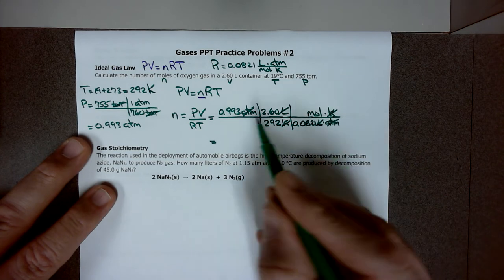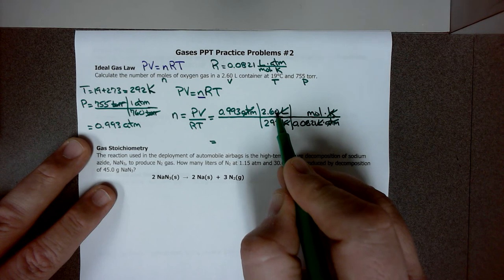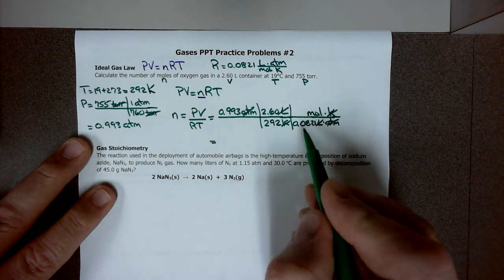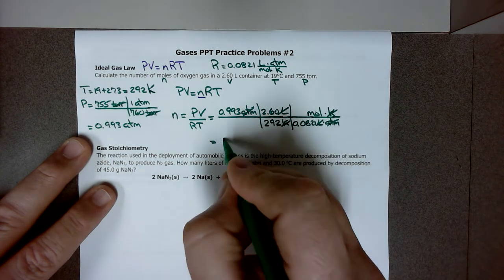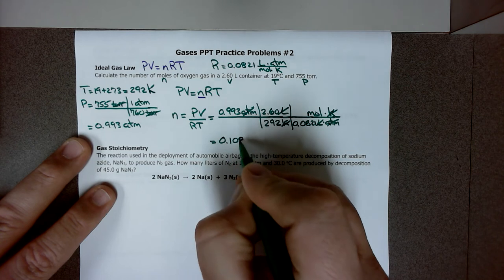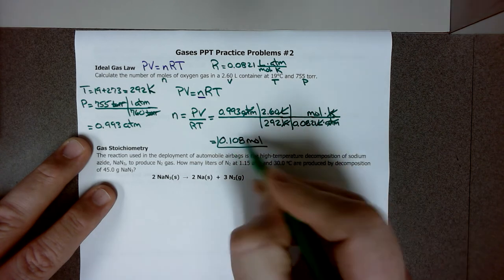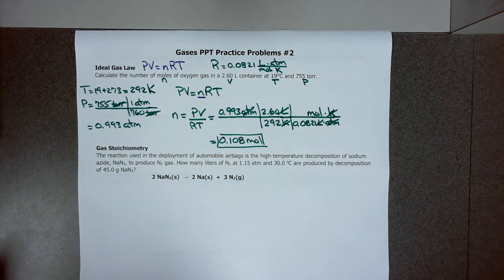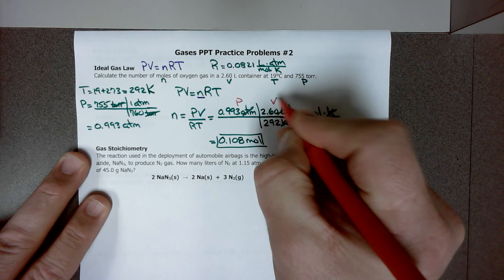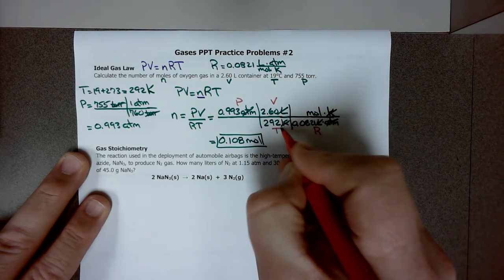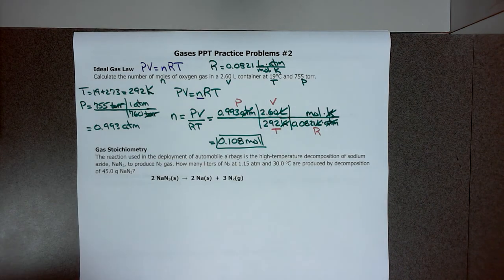In the calculator, it's 0.993 times 2.60 divided by 292 divided by 0.0821, and that comes out to 0.108 moles of gas. If you're having trouble seeing the equation when I use dimensional analysis, this is just PV over RT. It's the same equation. So that's the ideal gas law.